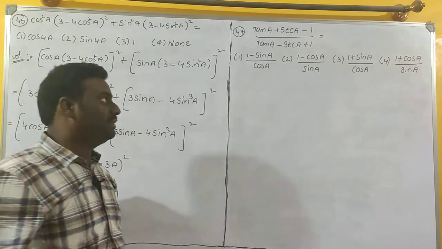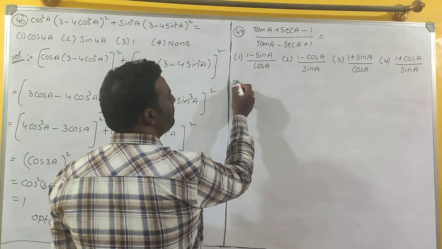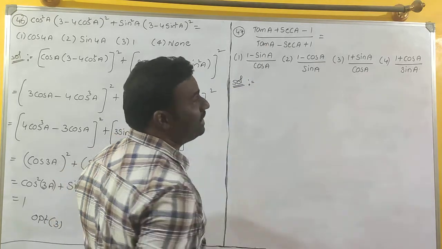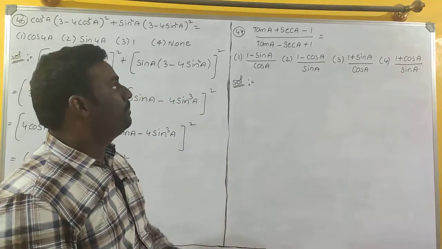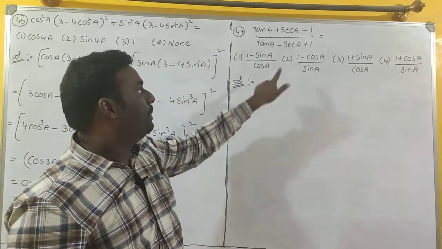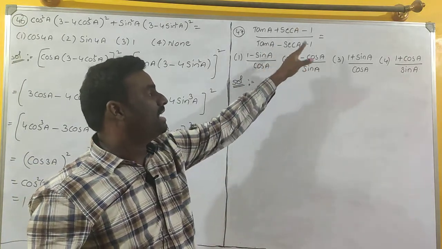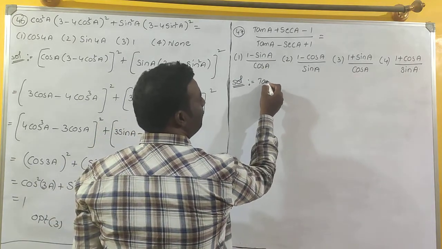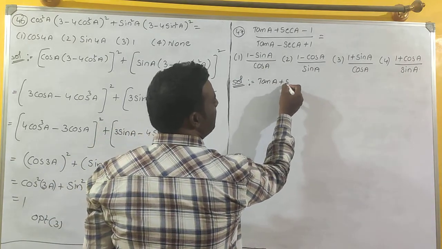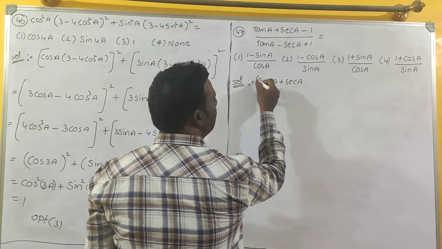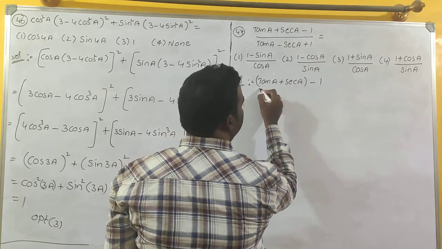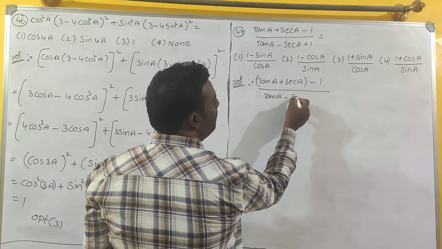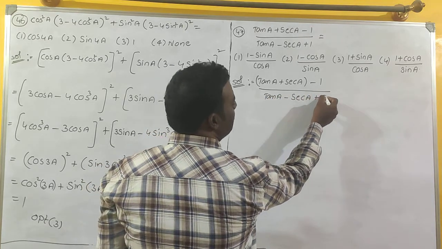Coming to the next one, 47th question. We need to find the value of (tan A plus secant A minus 1) by (tan A minus secant A plus 1). Now, numerator: tan A plus secant A minus 1.